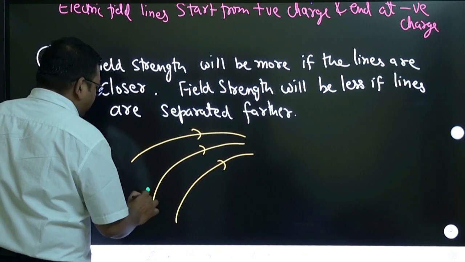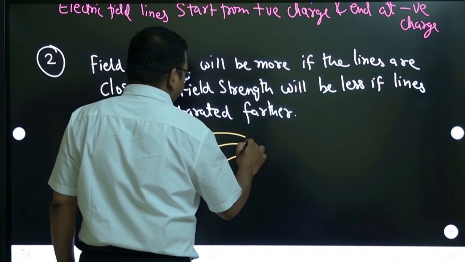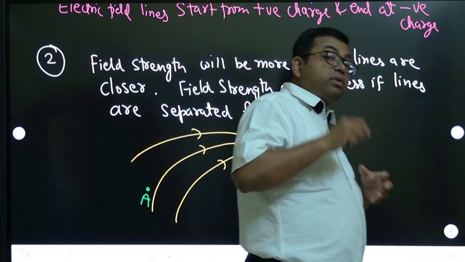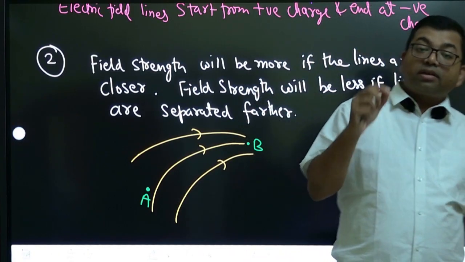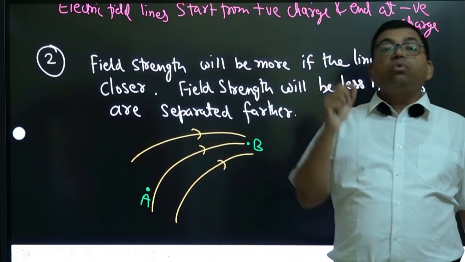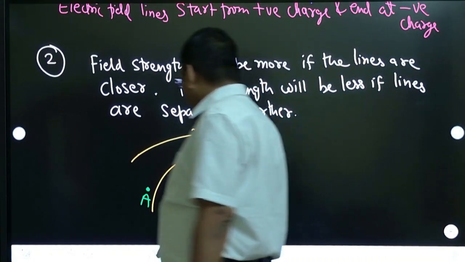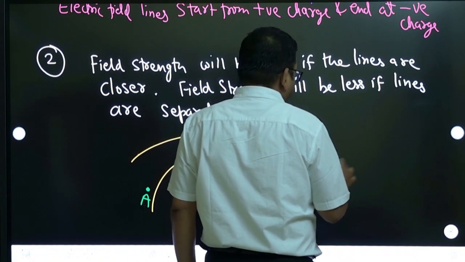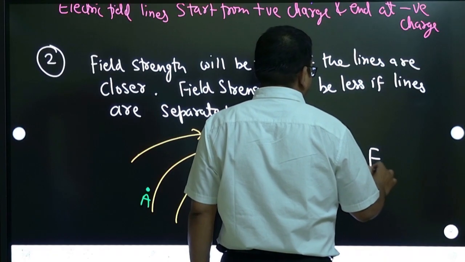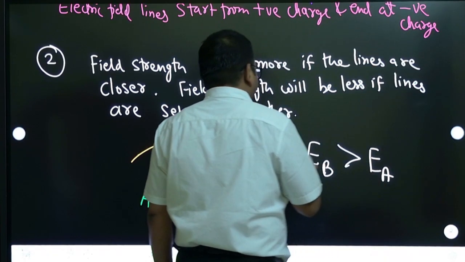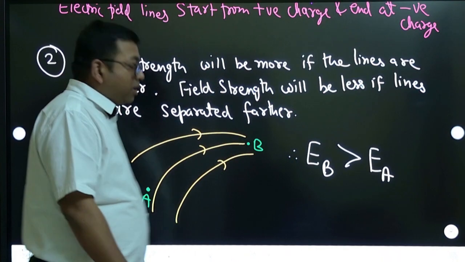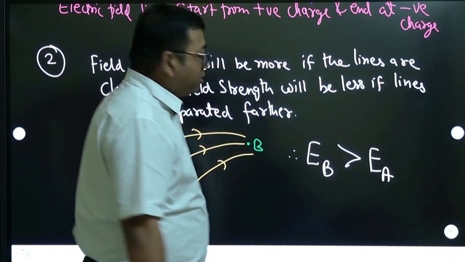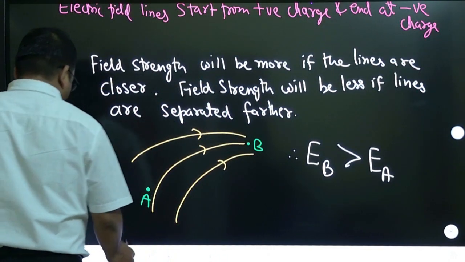So if I take point A here and point B here, at point B the field lines are very close, so there the electric field strength or intensity will be more. So field at B is more than field at A. Okay, this is a simple rule, and more about this we will discuss when we discuss electric flux. Okay, let us move next.